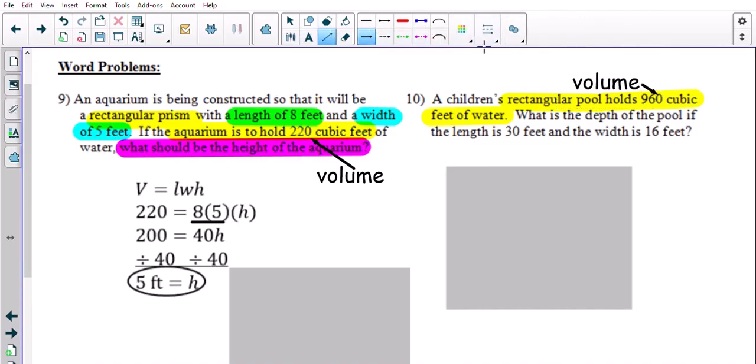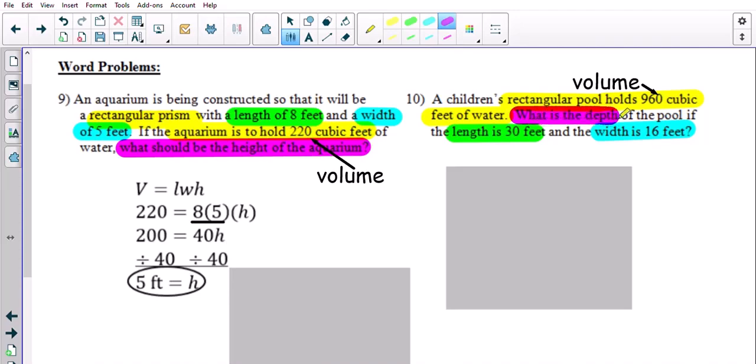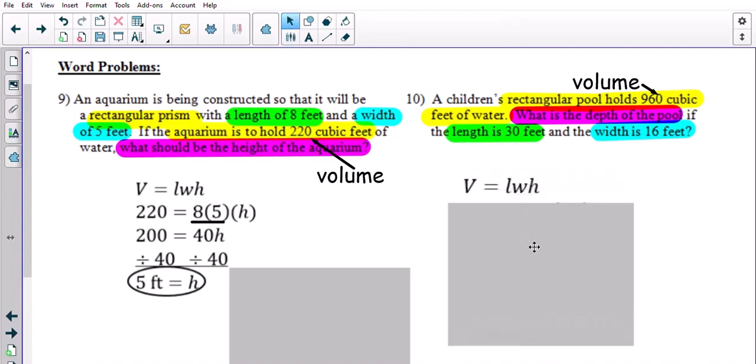So we'll replace V with 960. We're also given that the length is 30 feet, the width is 16 feet, and we're trying to find the depth of the pool. Now that's going to represent the height of the pool. So even though it uses the word depth, we're finding H. So same formula from the last question.